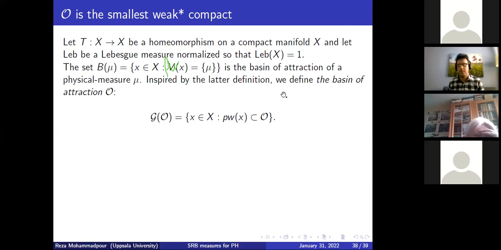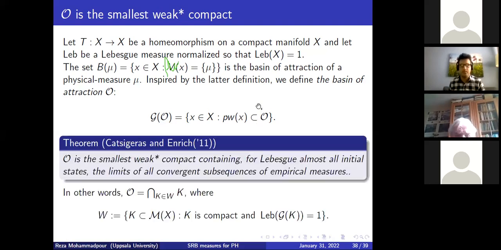And inspired by this definition, we define the basin of attraction of the space of observable measures, which is the set of x where p_omega(x) is a subset of the observable measures. p_omega(x) is the set of accumulation points of the empirical probabilities. Then Catsigeras and Enrich prove that O, the space of observable measures, is the smallest weak star compact set containing, for Lebesgue almost all initial states, the limits of all convergent subsequences of the empirical measures.